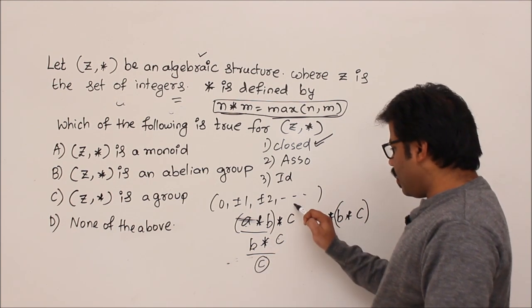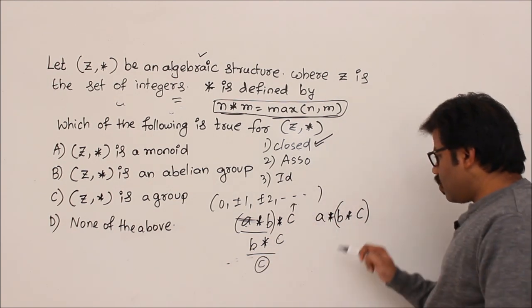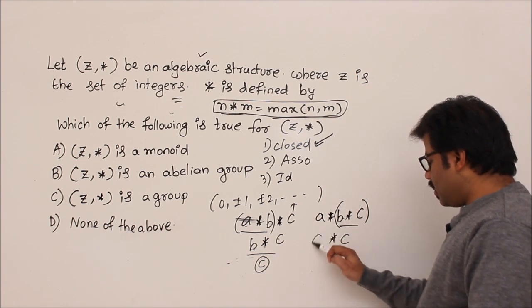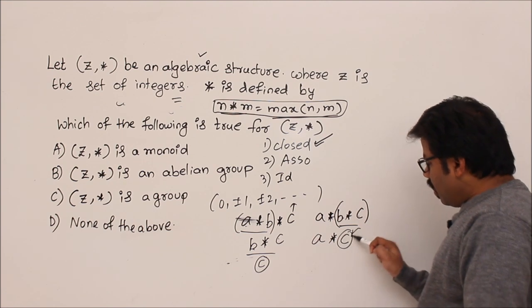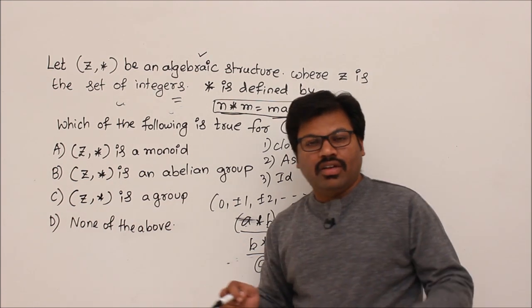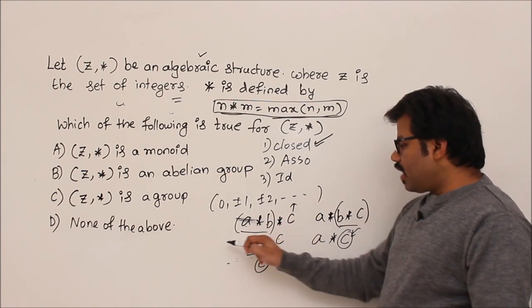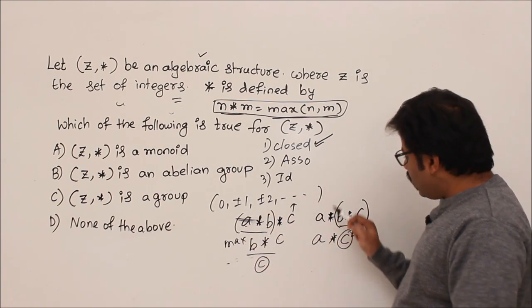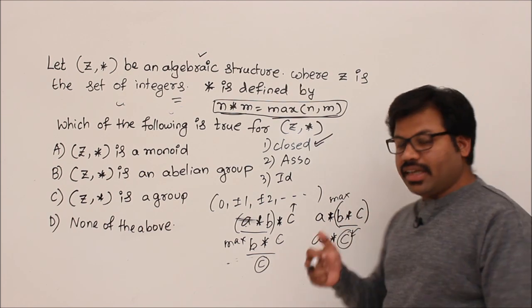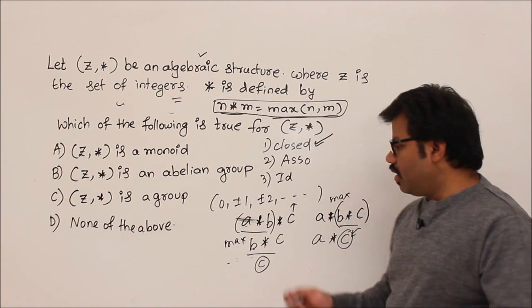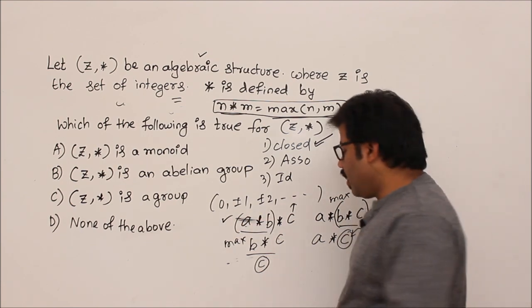C is the highest one. Now here also, if you apply B star C, first C will come. Then if you apply A star C, again C only will come, right? Because of the order, do you get a different answer? No. Finally, out of these three, the max element will come here. Out of these three, again max will come. So if you understand the logic, you can understand that the order doesn't matter. So it is associative, correct? I mean associative.